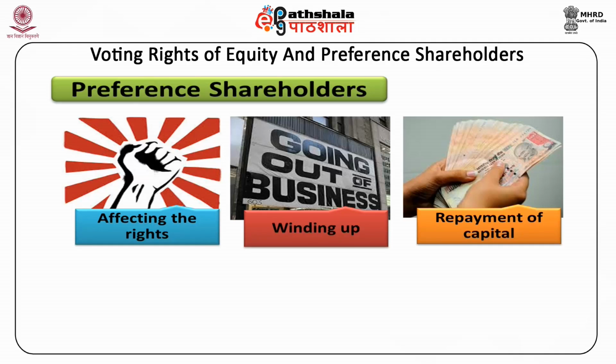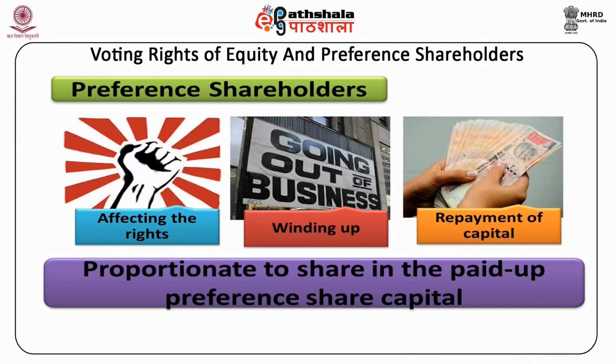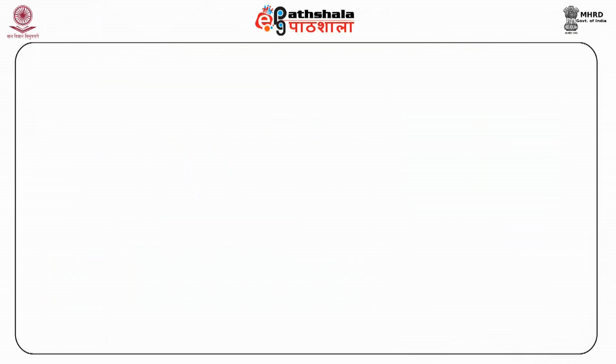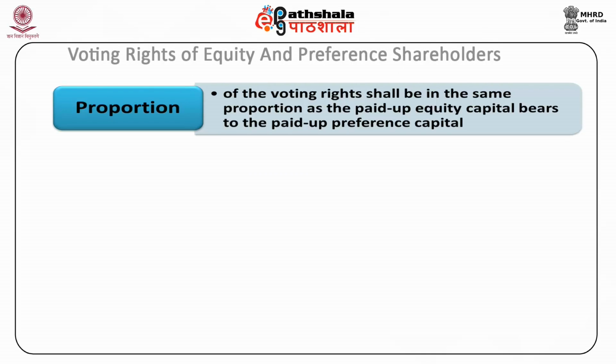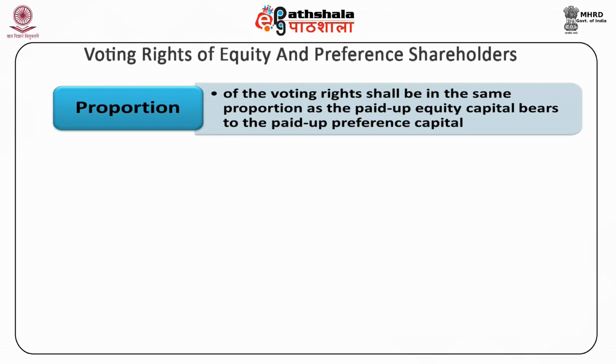B. His voting right on a poll shall be in proportion to his share in the paid up preference share capital of the company. Third, the proportion of the voting rights of equity shareholders to the voting rights of the preference shareholders shall be in the same proportion as the paid up equity capital bears to the paid up preference capital.